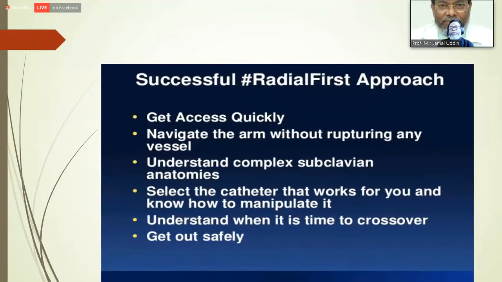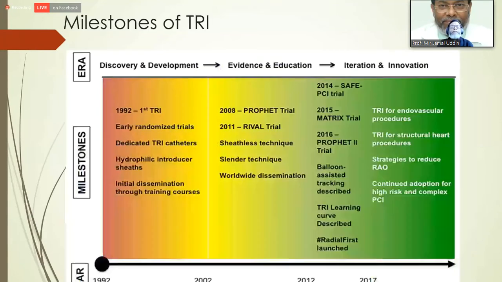So we shall have to succeed with radial in the first approach, get access quickly, know what works for you and how to manipulate it, understand when it is time to cross over and get out safely. And this is the milestone of the transradial approach.